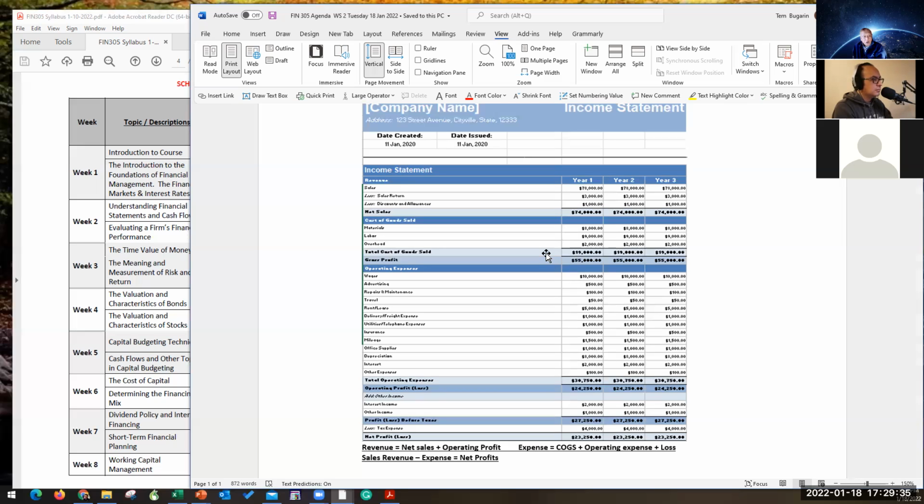If you add up your cost of goods sold plus operating expense plus losses, it ought to add up to the total of the expenses. And of course, sales revenue minus expenses equals net profits. Now, do you need Excel for that? No. But what's important is that you know where the elements belong.